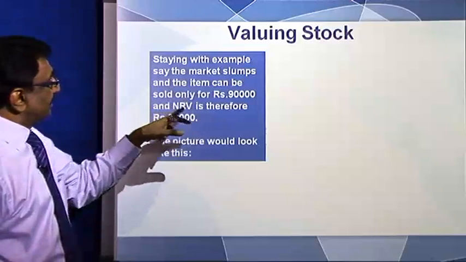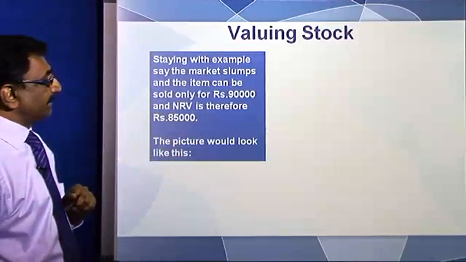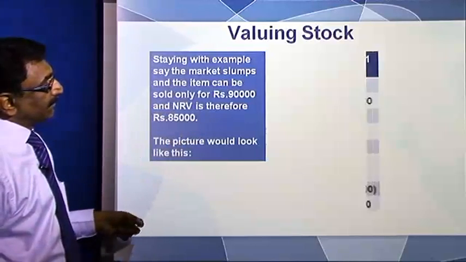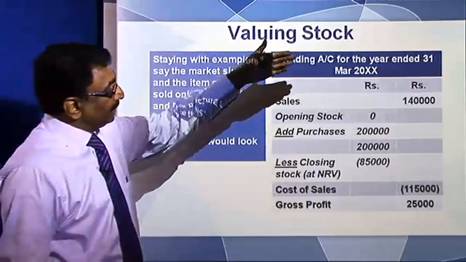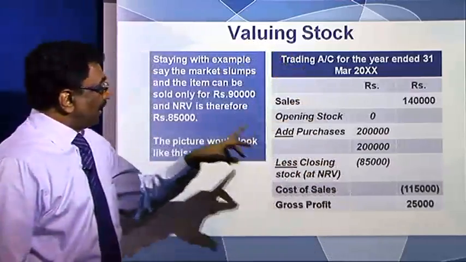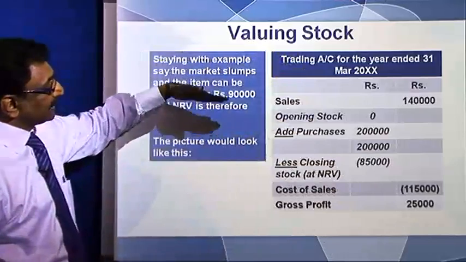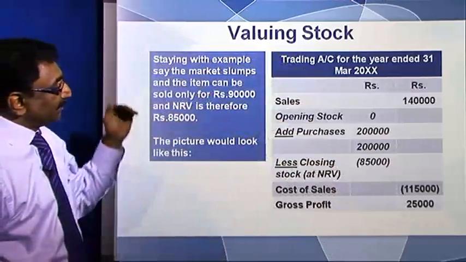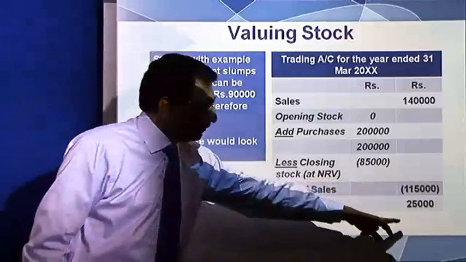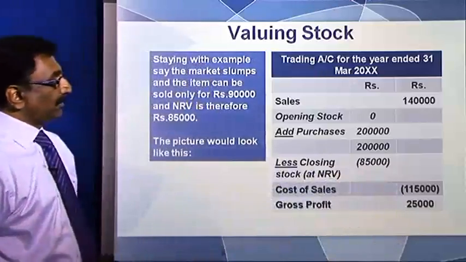So his net realizable value now is 85,000 rupees. Now what does happen now? If you look at it, we will see that the working here remains the same, with the closing stock at NRV after adjusting. Here is a situation where the net realizable value has fallen below the cost price, and therefore you will see the profit has also fallen drastically.